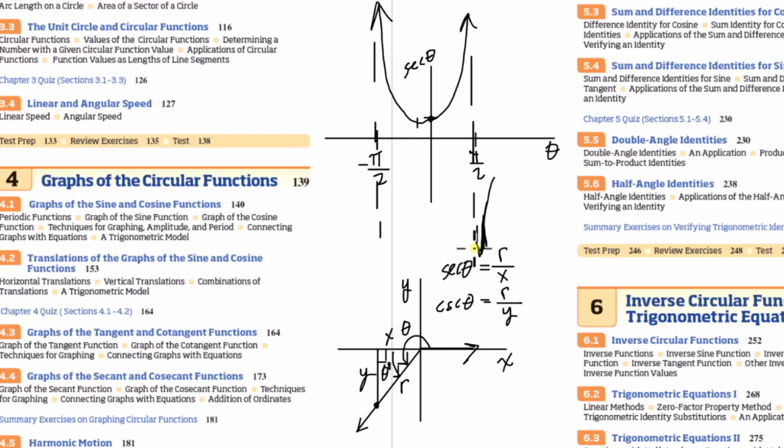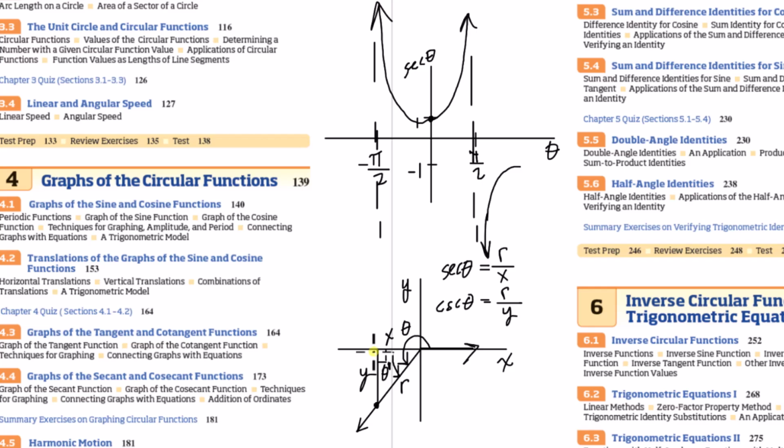And this is something distinctly different than what we just drew between minus pi over 2 and pi over 2. So then x gets bigger and bigger all the way till x is equal to r, but x is negative. So we go towards negative 1, and we do this.